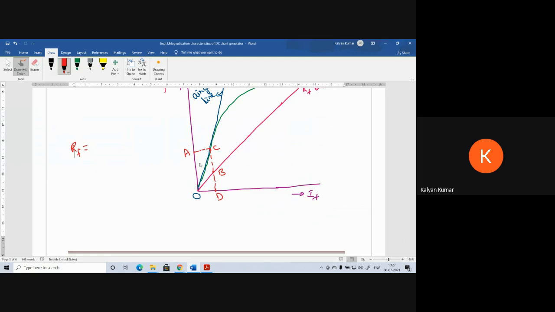So the voltage is CD divided by the field current OD. CD by OD gives the critical field resistance value.